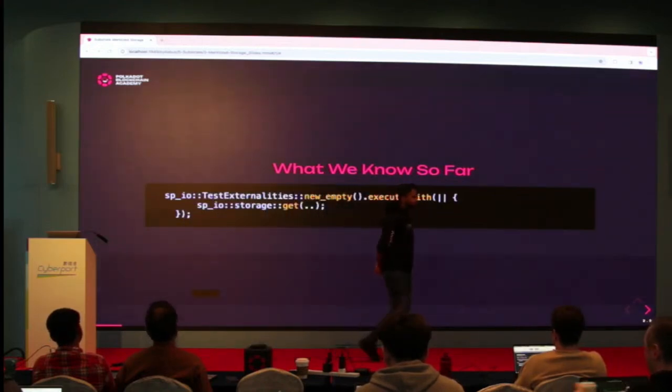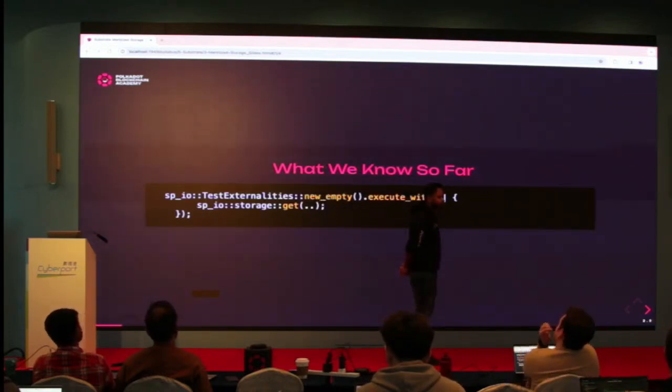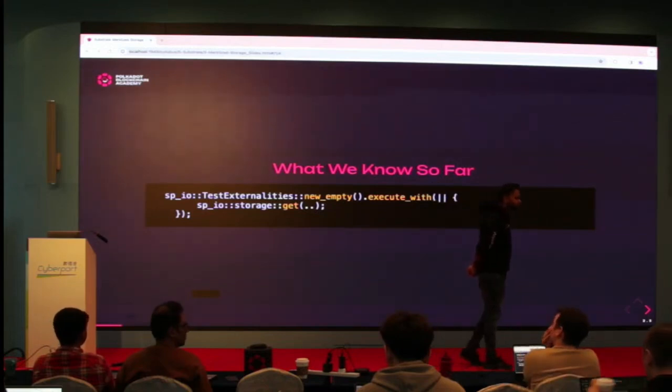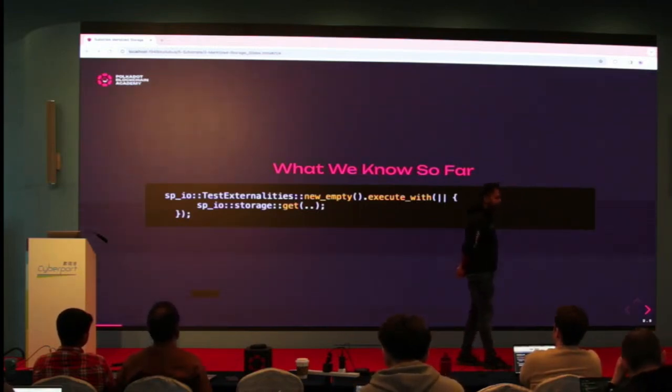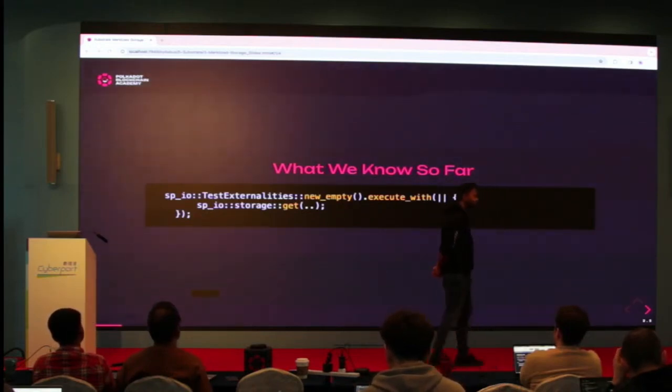Test externalities is kind of like providing a shim of a node, an embedded node, for the runtime to access. In the runtime sandbox there is no node, so test externalities allows us to access the node in the test. You can think of it as mimicking the client.